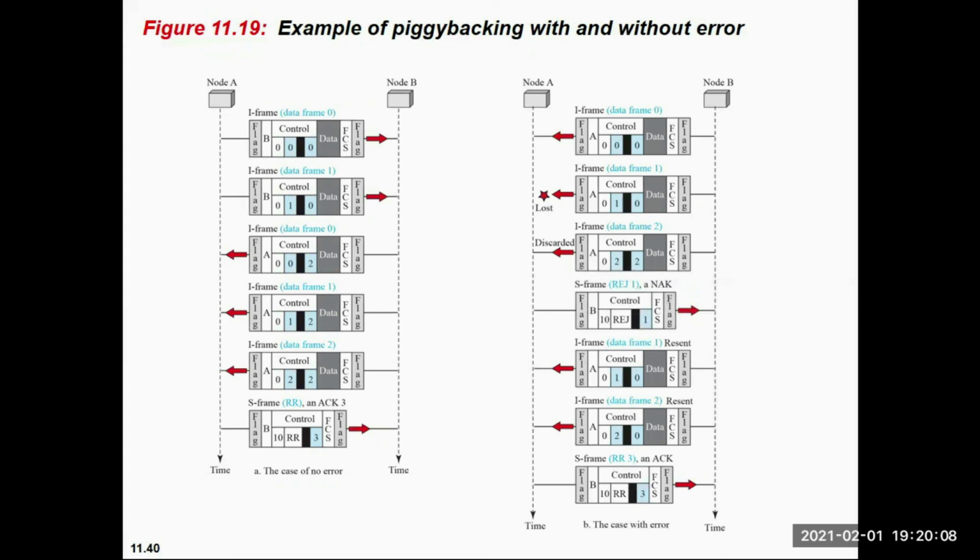Then again a supervisory frame, S frame, will send acknowledgement from node A to node B. So in this way, if an error is caused due to loss of packet, it will be handled in this way. So this is all about high level data link control, that is HDLC.